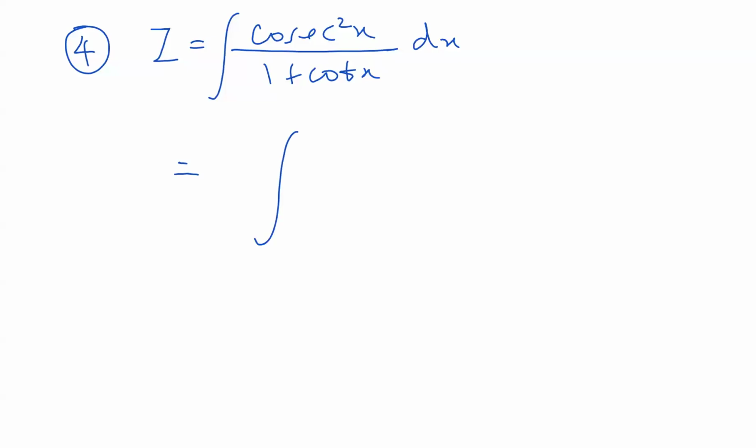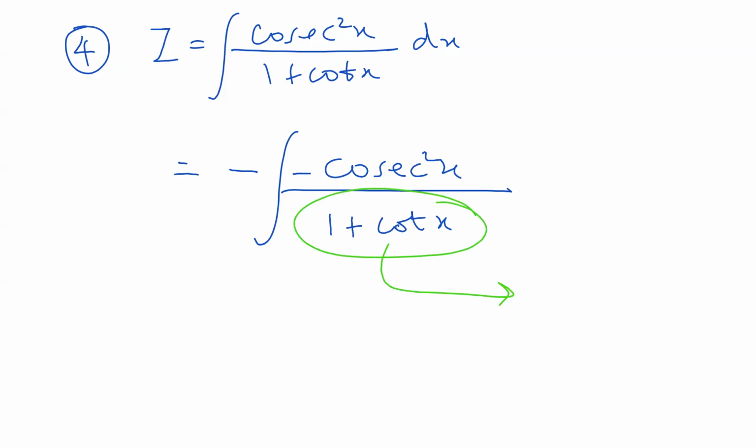Method number 1, I'll multiply by minus inside and outside, because the derivative of cot x is minus cosec square x. Now the purpose of this was the derivative of the entire denominator. You can also tag in 1 along with cot x because the derivative of 1 is 0. The derivative of 1 plus cot x is minus cosec square x.